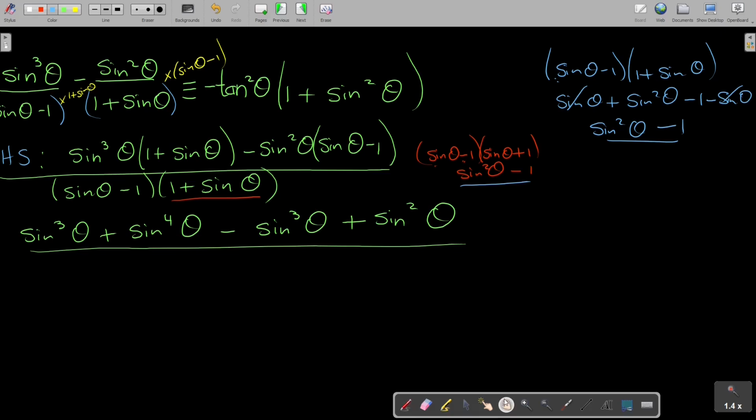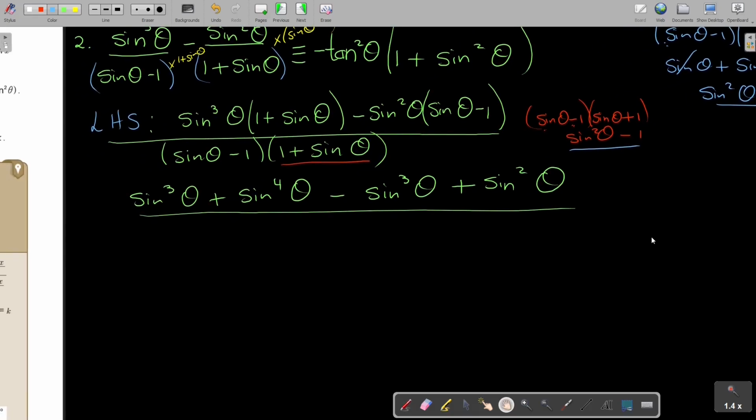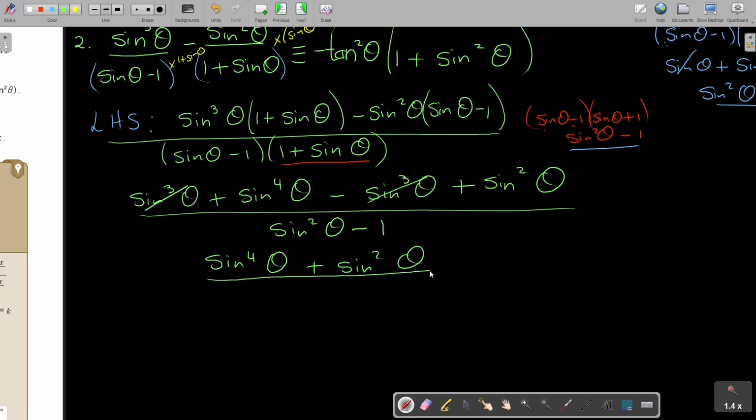So let's go back. It's going to be sin square theta minus 1. If I simplify this now, this 2 is cancelling out. Do you see? So I have sin 4 theta plus sin square theta over sin square theta minus 1.